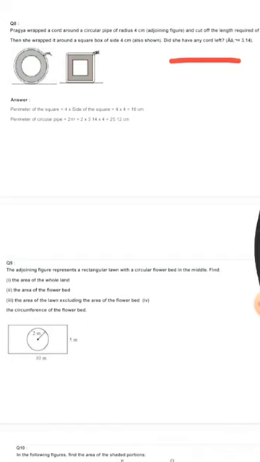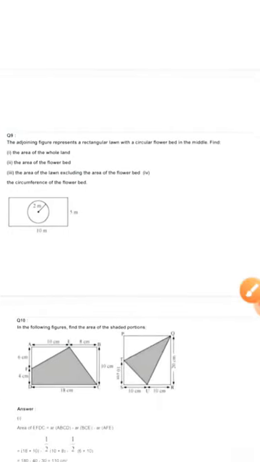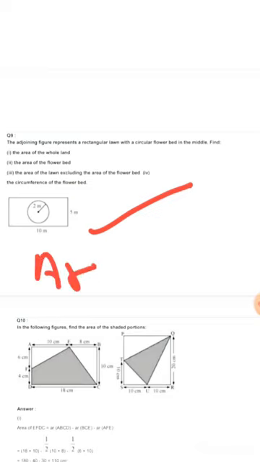Question number 9: the adjoining figure represents a rectangular lawn with a circular flower bed in the middle. So there is one circular flower bed inside the rectangular lawn. The area of the whole lawn you can find, because length and breadth are given, and the formula for area is length into breadth.